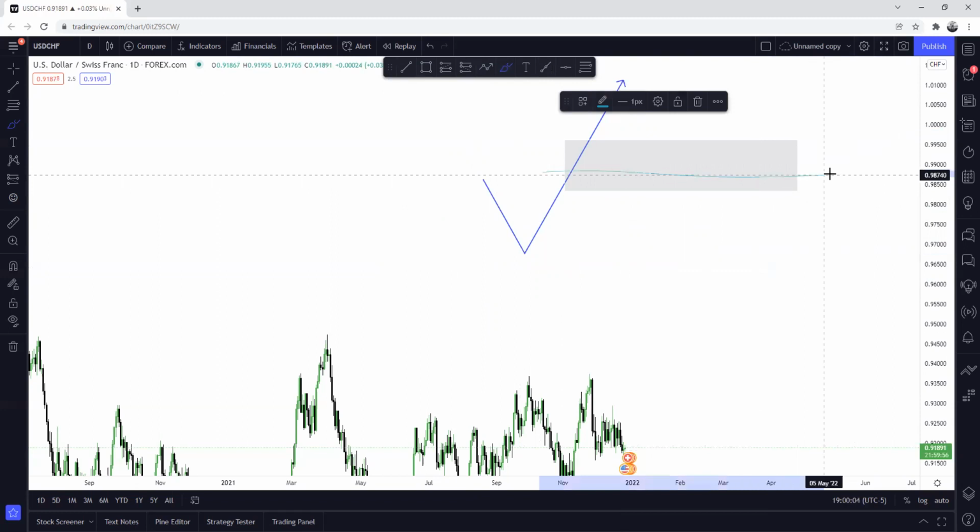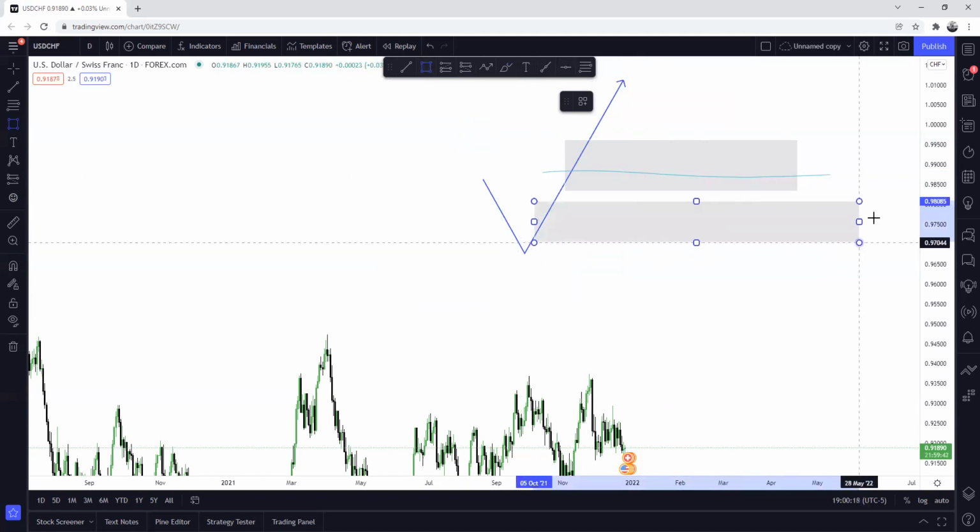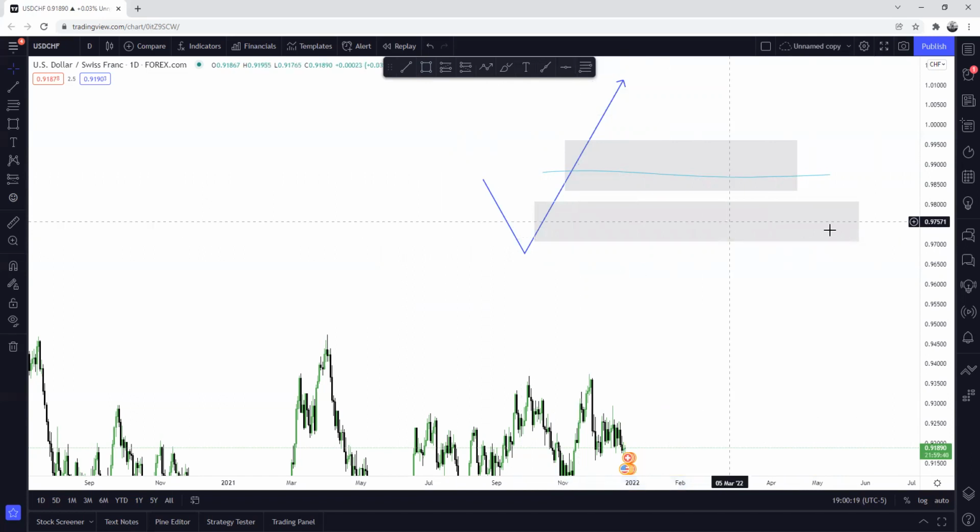You obviously want to be buying lower. If smart money is going to get involved, they want to find price at a discounted range, at a cheaper price. You want to buy at 0.97500 rather than 0.98900. That's just the best analogy I can give you.